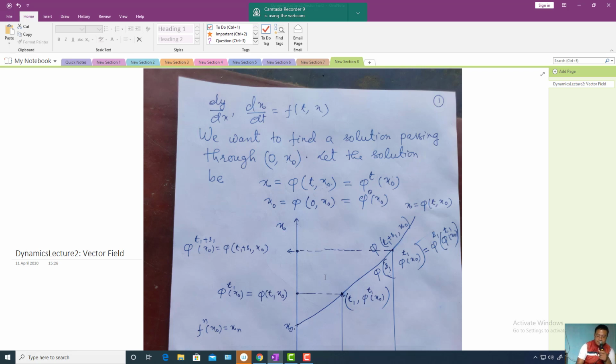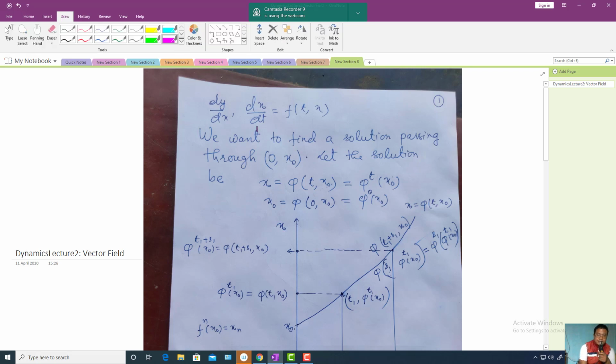Okay, so let us see. The basic idea is that when we talk about a differential equation, it is dy by dx or dx by dt. The right hand side is a function of the dependent variable and independent variable.